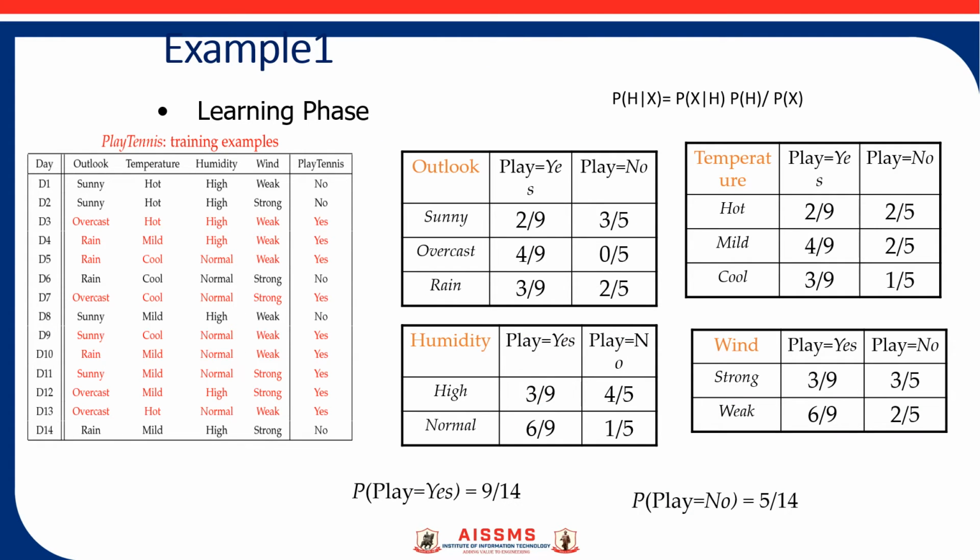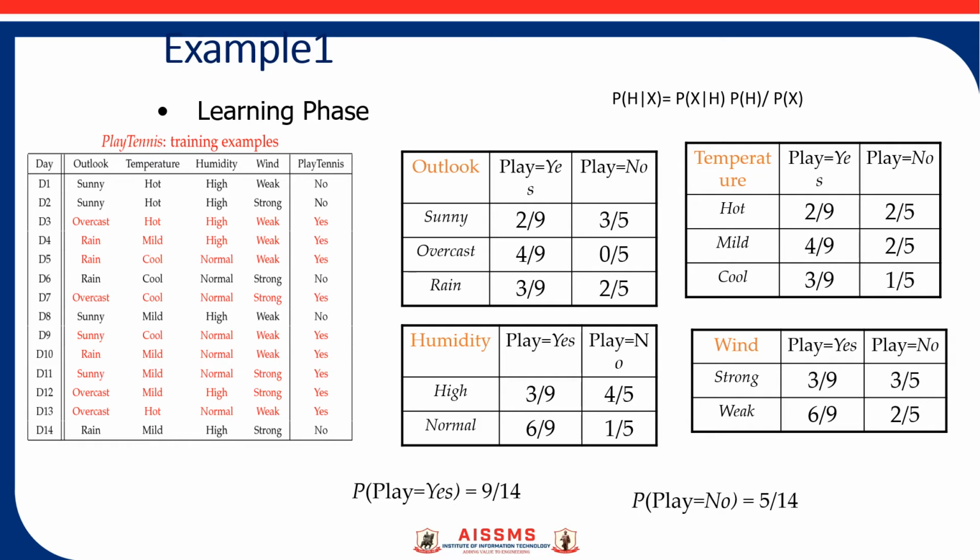In this example, first of all, during the training phase, we have to come up with lookup tables for each and every attribute. Here we are considering outlook, temperature, humidity, wind and play tennis as important attributes, where play tennis is our class attribute. For each attribute we make a lookup table.